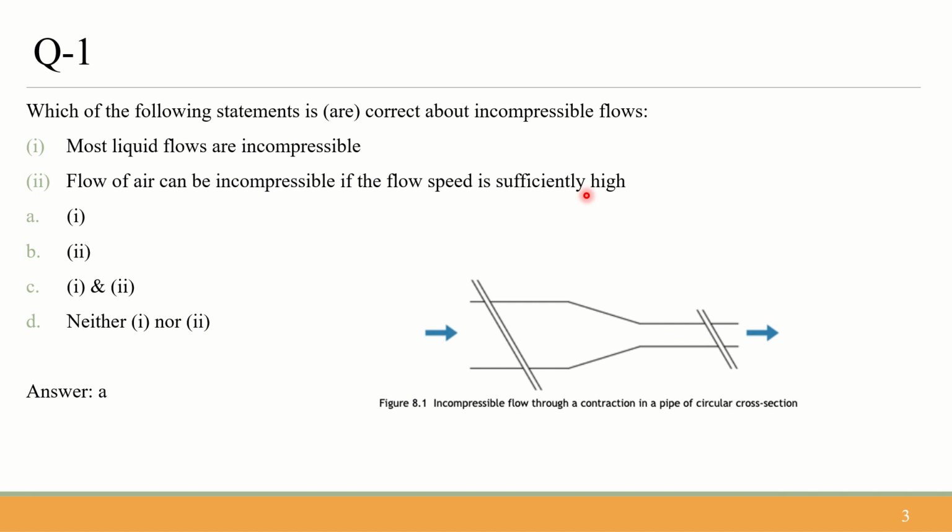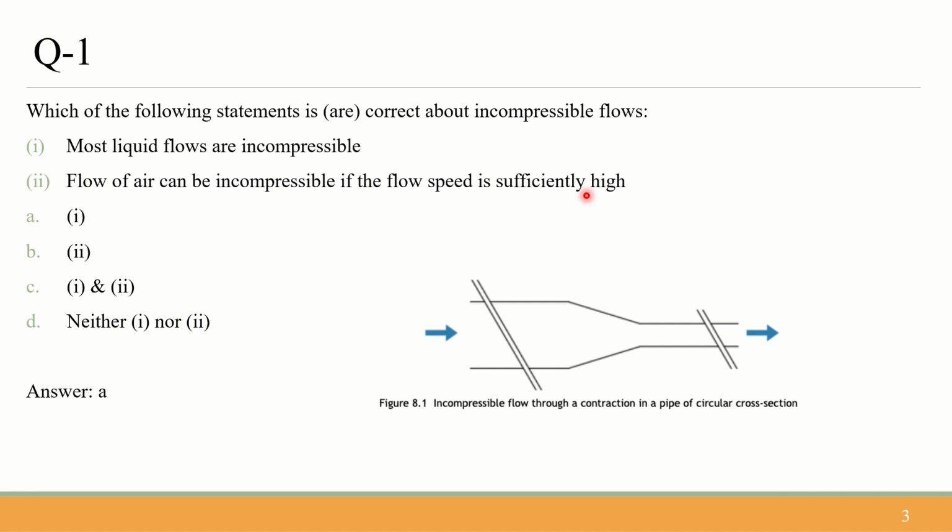Imagine if the flow velocity is very high, we would get a very high Mach number, and then we would define it as compressible. So the second statement is false. Flow of air can be incompressible if the flow speed is sufficiently high is a false statement. What is correct is: flow of air can be compressible if the flow speed is sufficiently high.